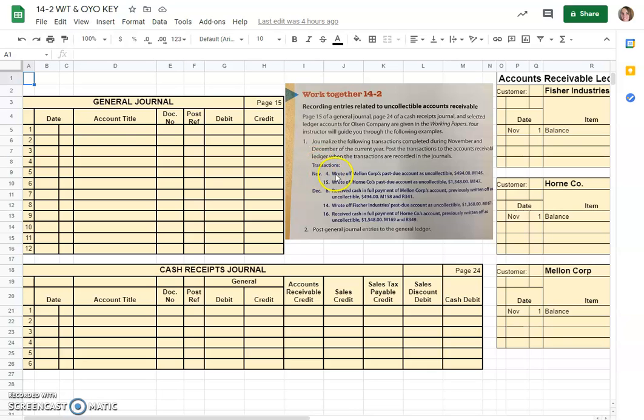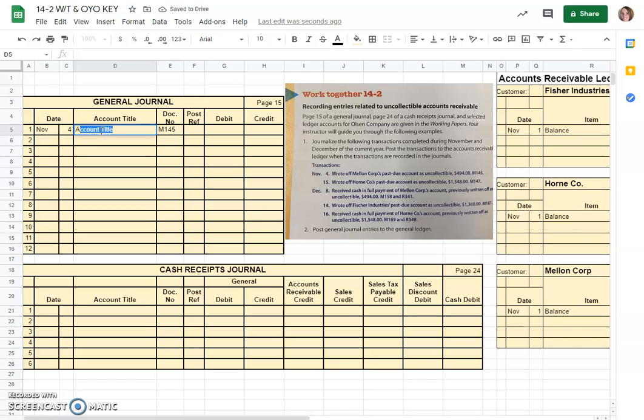So here's our transactions. First one is November 4th: wrote off Mellon Corp's past due account as uncollectible, $494, memorandum 145. So we know our document number, memorandum 145.